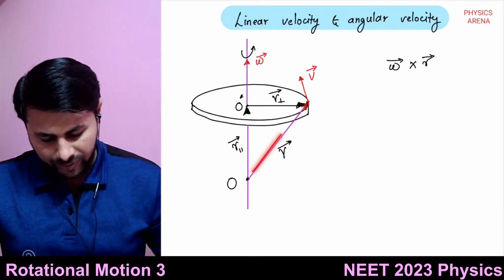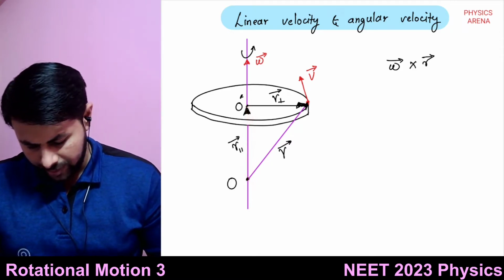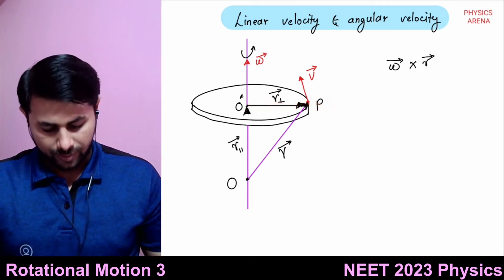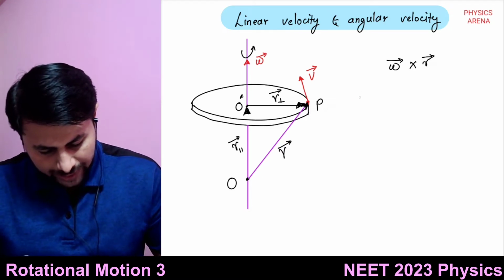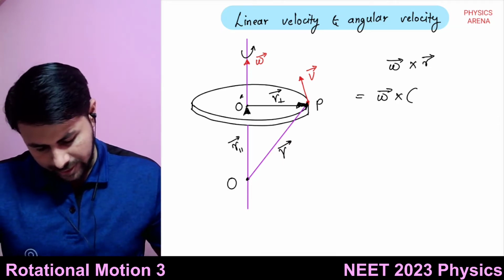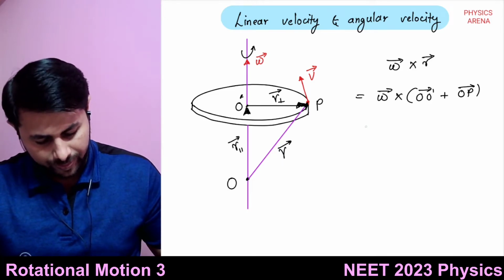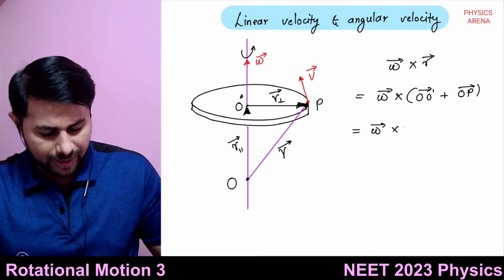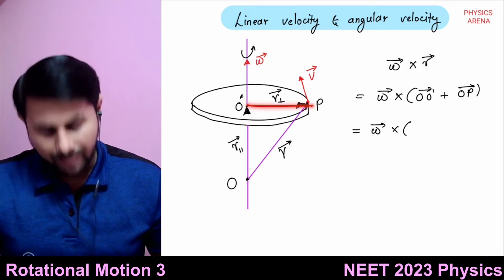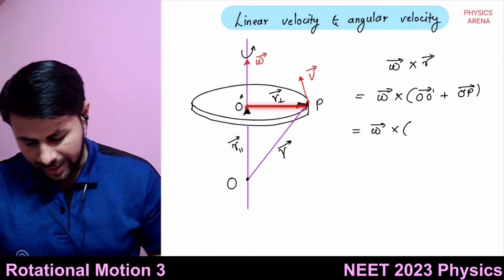So this r bar we can represent as this vector O prime, plus this vector which is directed from O prime to P. So we can write this as omega bar cross this vector, O prime plus O prime P. This is equal to omega bar cross O prime, I am calling R parallel, and O prime P, not OP, it is O prime P, I am calling R perpendicular.